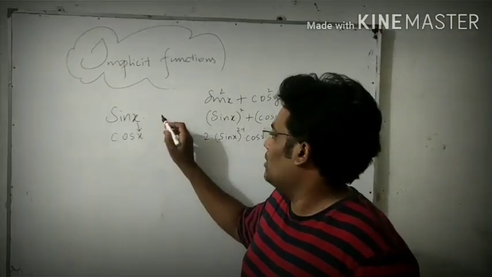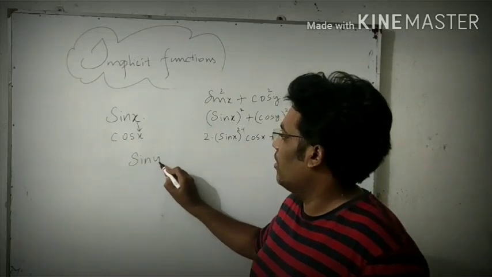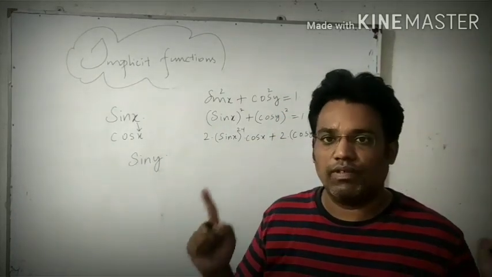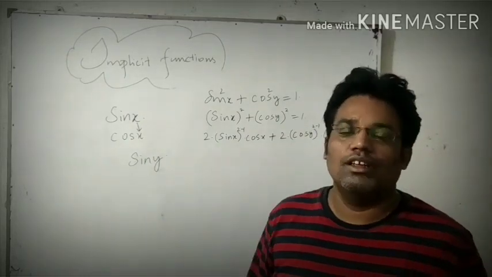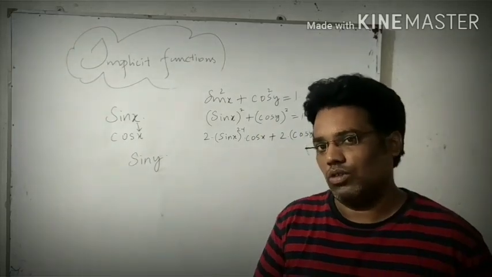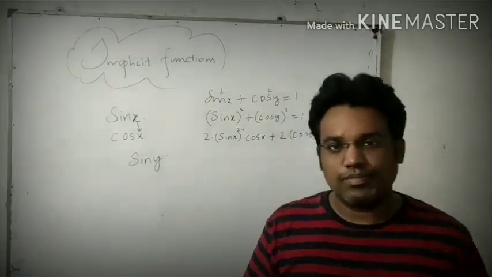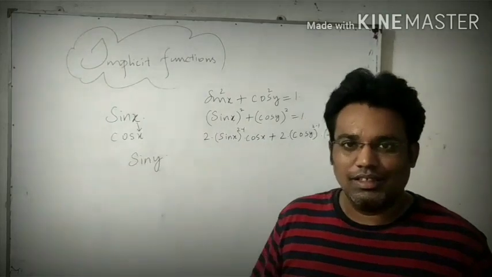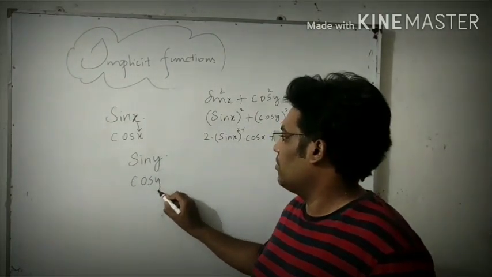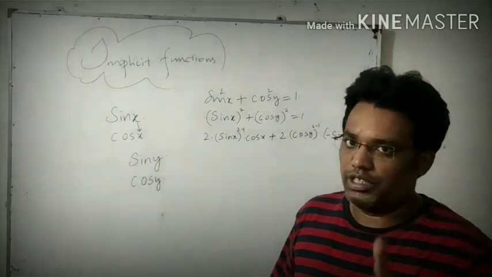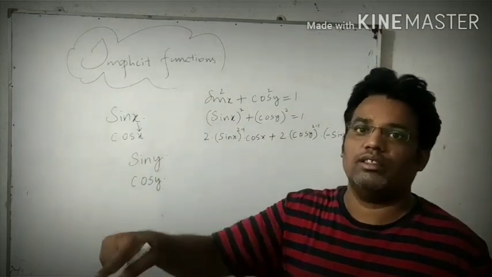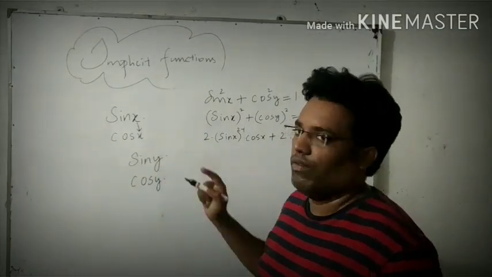Instead, when you have something like sin y, the question is find dy by dx, means we have to differentiate with respect to x. When you are differentiating with respect to x, if there is anything apart from x, you should again differentiate. That becomes complex. So now what is the differentiation of sin y, cos y? You are differentiating with respect to x. When you are differentiating with respect to x, the variable x should be there, but we have y.